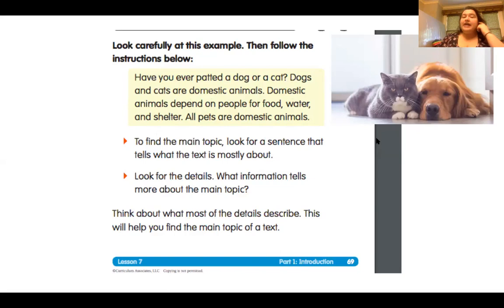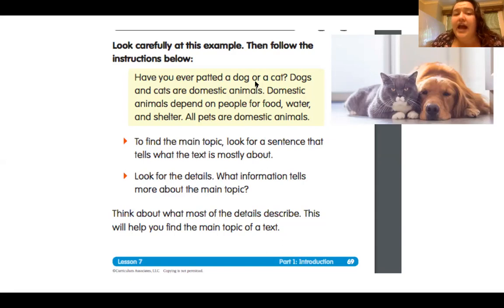So to find the main topic, you need to look for a sentence that tells what the text is mostly about. After that, once you find the main topic, then you look for the details. So that just tells us what information tells us more about the main topic. So think about what most of the details describe. This will help you find the main topic of the text.